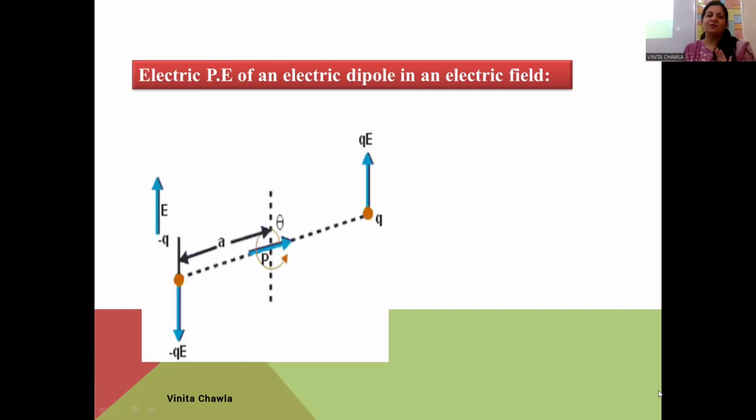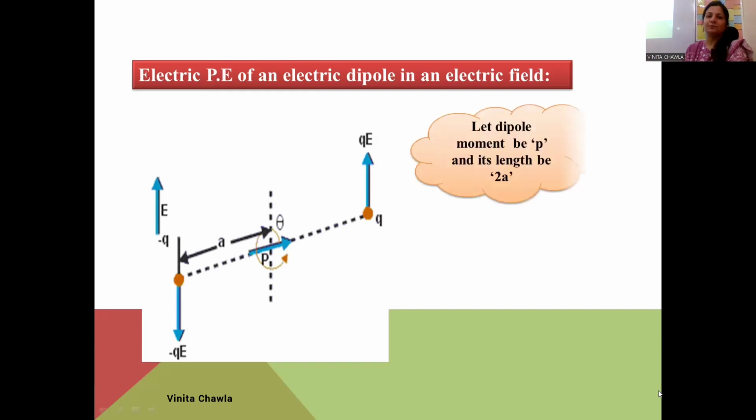Okay, so we have this dipole. You can see QE and minus QE, these forces are exerting on this dipole due to this external electric field, and the length of the dipole is 2a. Okay, so we can find the dipole moment of this dipole.